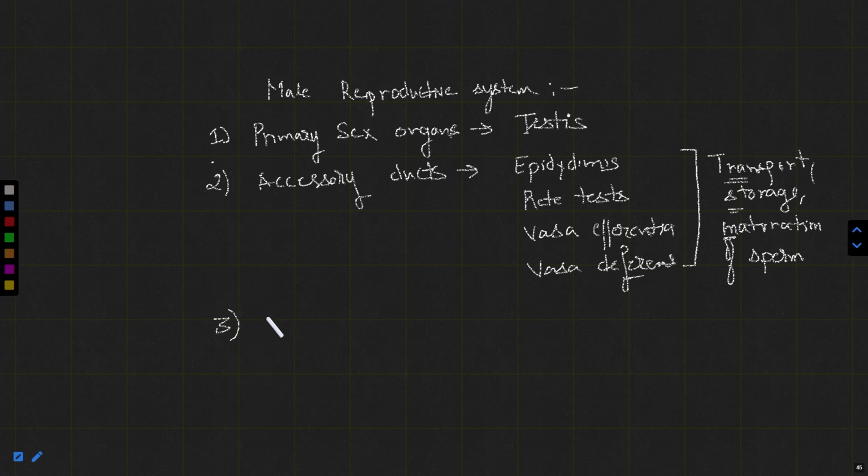Then next is the accessory glands. What are the accessory glands? Seminal vesicle. All right, prostate.